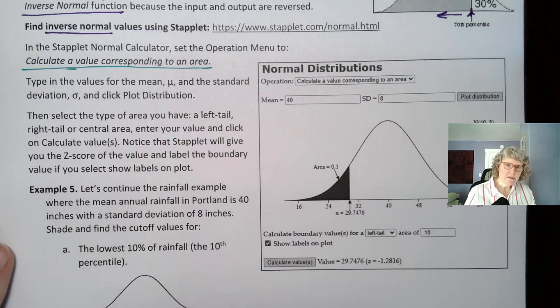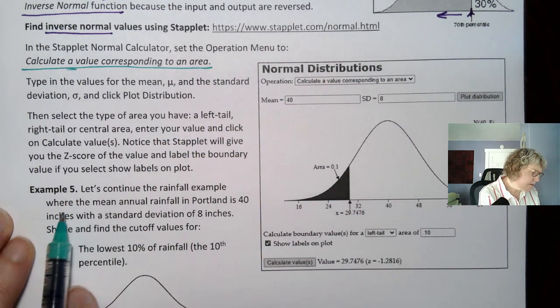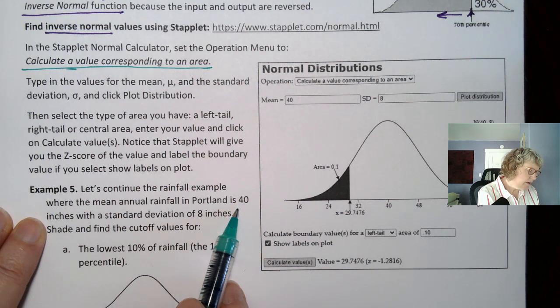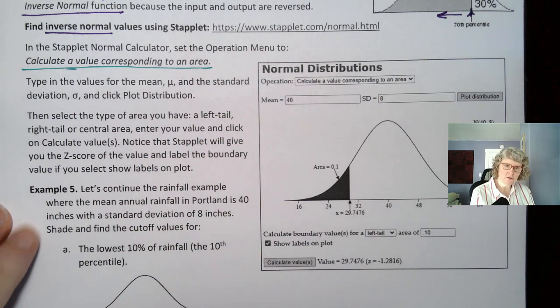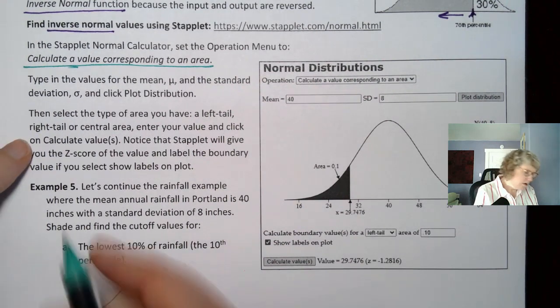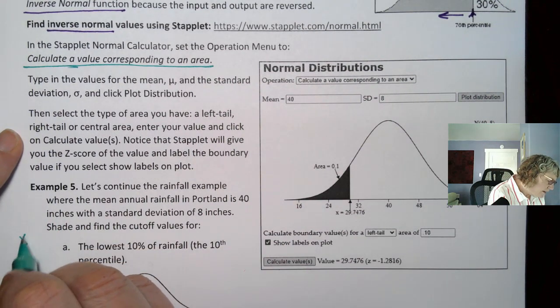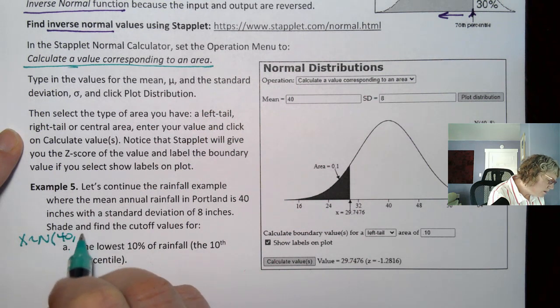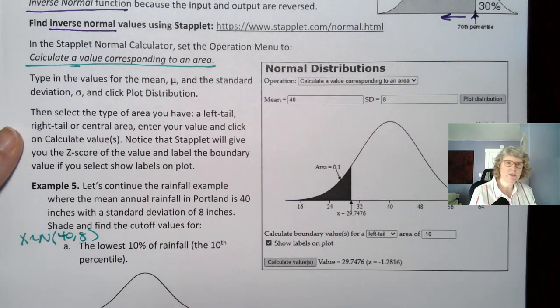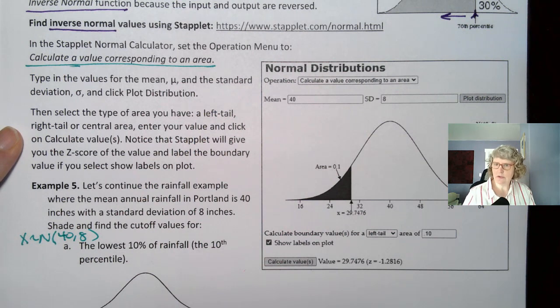Let's continue the rainfall example where the mean annual rainfall of Portland is 40 inches with a standard deviation of 8 inches. I'm going to write my model again: X is normal, 40, 8, so I know what model I'm using.